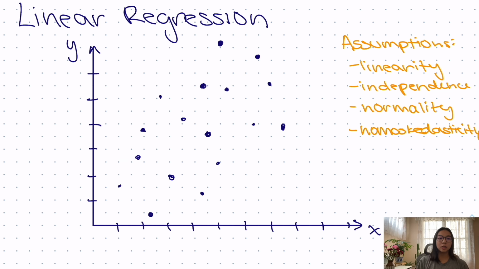We just saw a bunch of different classification models. Now let's shift gears into regression, the other type of supervised learning. If we look at this plot over here, we see a bunch of scattered data points. Here we have our X value for those data points, and then we have the corresponding Y value, which is now our label. Our goal in regression is to find the line of best fit that best models this data.